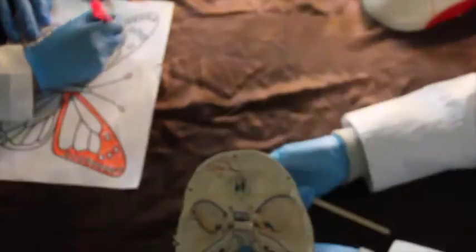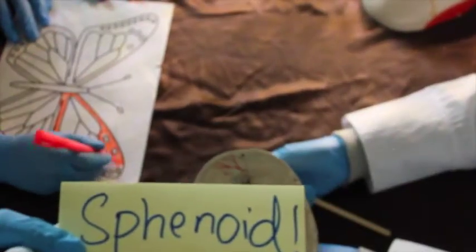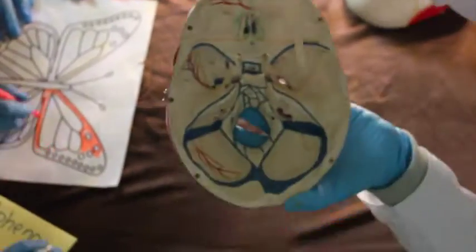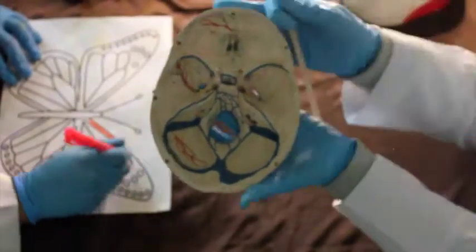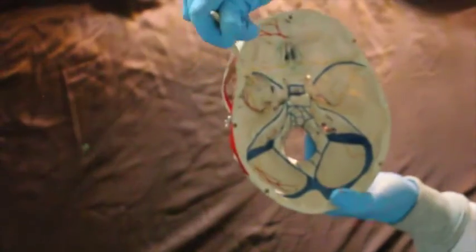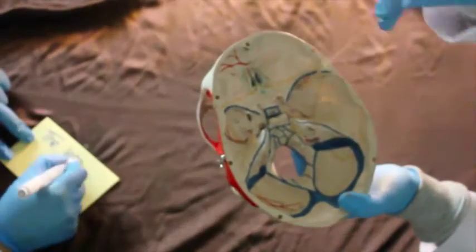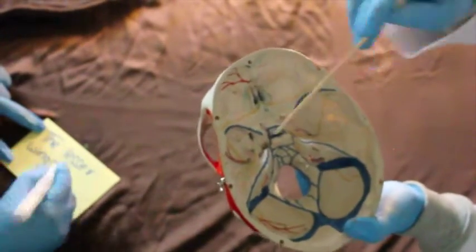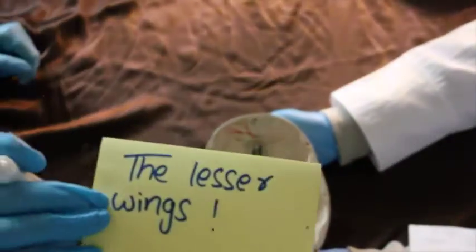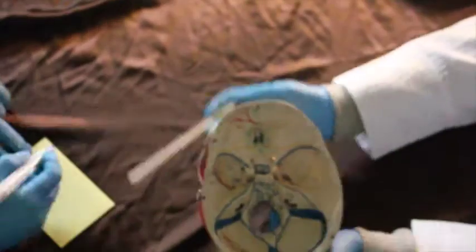The sphenoid bone, which is the bone that looks like a butterfly. The lesser wings extend horizontally anterior to the sella turcica.